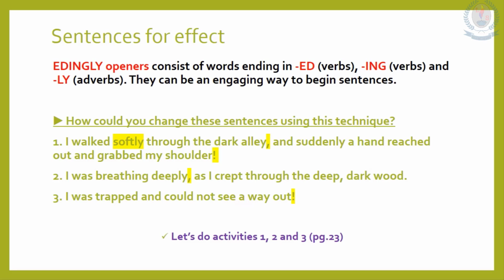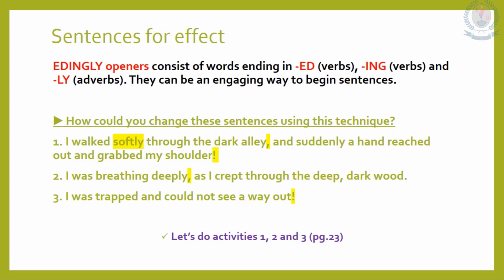So let's just look at this. You'll understand it better if you look at this. How could you change these sentences using this technique? Now these are the sentences that were given in your book and I have added the things that are highlighted. I walked through the dark valley and suddenly a hand reached out and grabbed my shoulder. That was the sentence in your book.